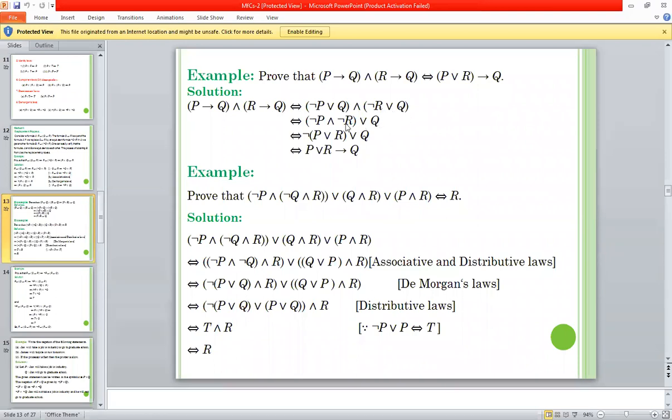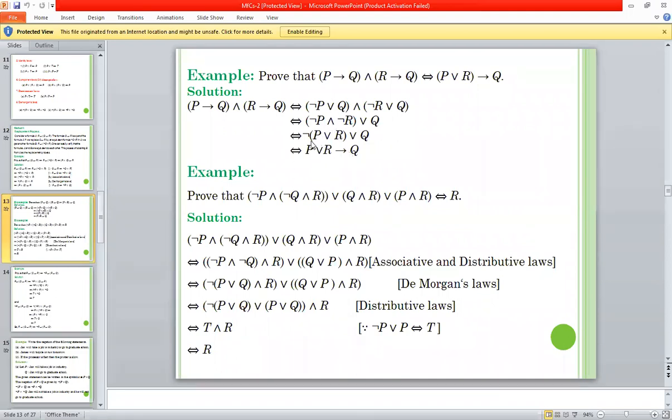Here we are applying the distributive law: (negation P and negation R) or Q.